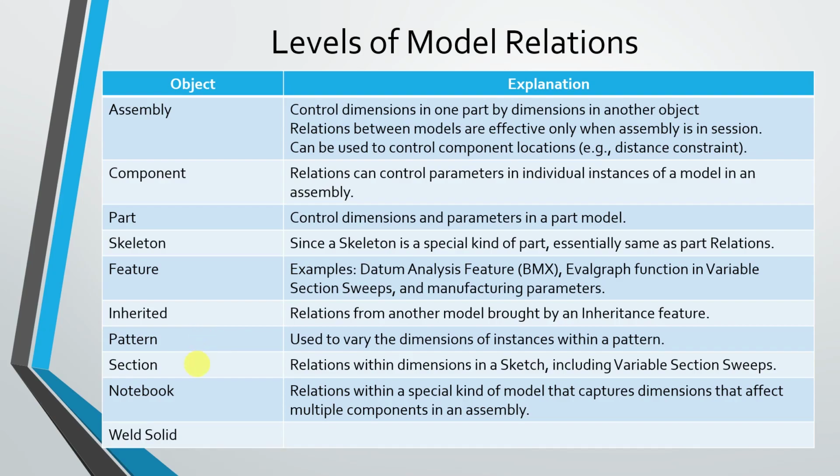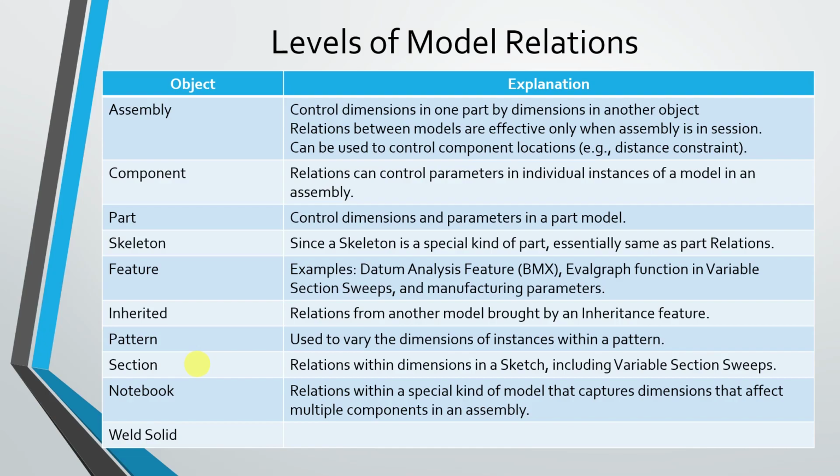Another level, sections. You can write relations within a sketch. So right when you are configuring a sketch, you can write a relation between those SD dimensions. You could relate them to reference dimensions or known dimensions or other model dimensions.